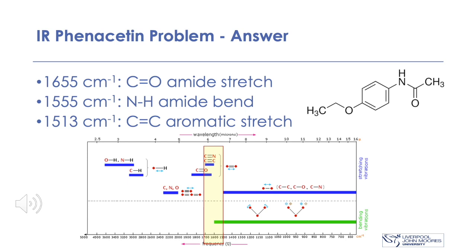In this case, the 1655 belongs to the carbonyl, and then we have, closer to each other, the amine signal in the amide, and then close to 1500 the double bonds of the aromatic ring.